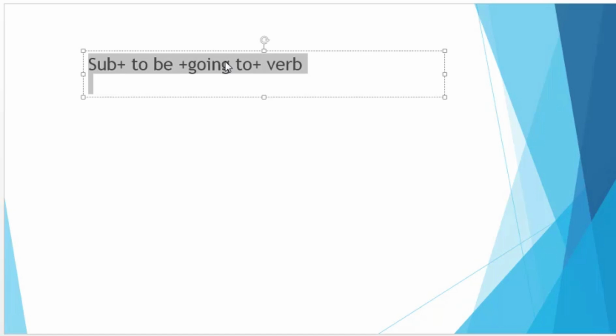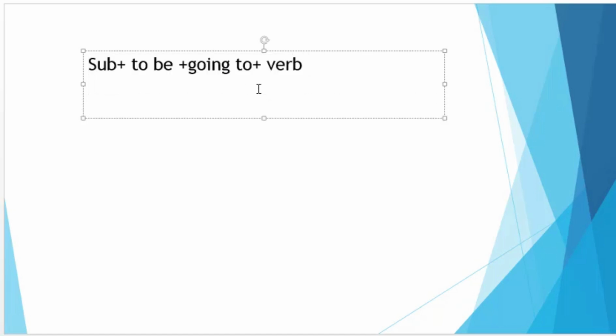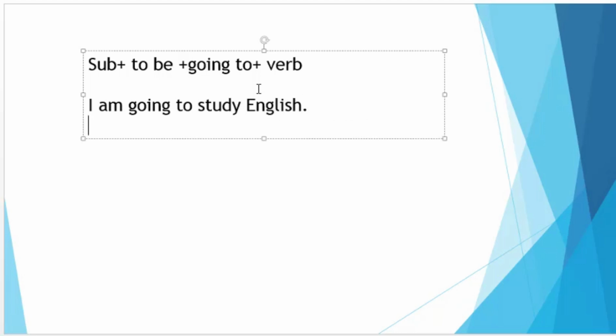Okay, guys, let's make some examples and then change them to negative and question. For example, I am going to study English. Okay, I'm going to study English. This is positive. If I want to change it to negative, I say I am not going to study English.